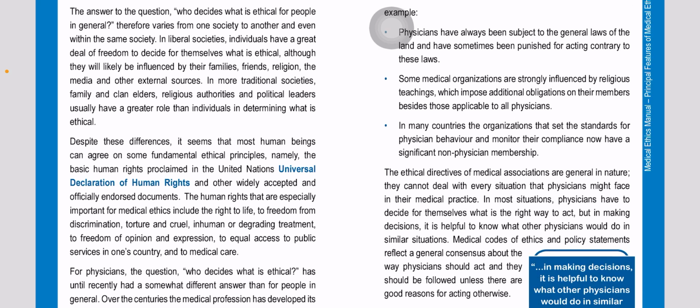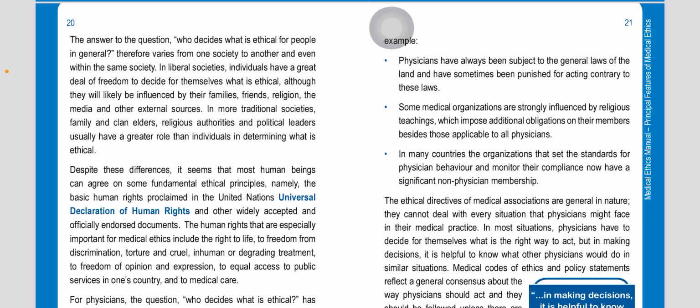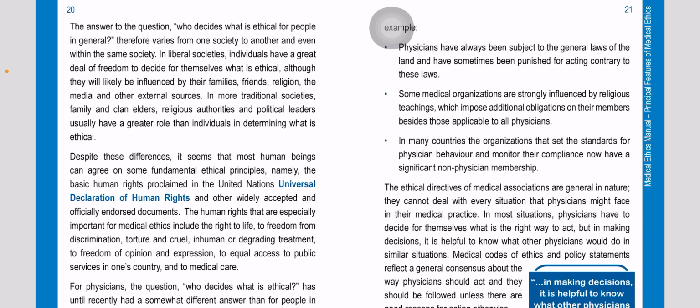Some medical organizations are strongly influenced by religious teachings, which impose additional obligations on their members besides those applicable to all physicians. Of course, religion plays a role in a country. For example, the Philippines is a Catholic-dominated country.